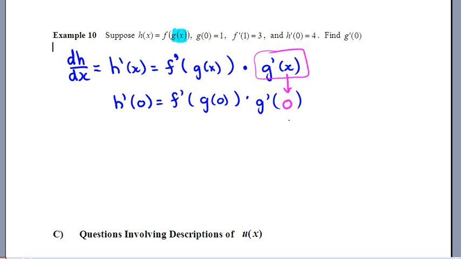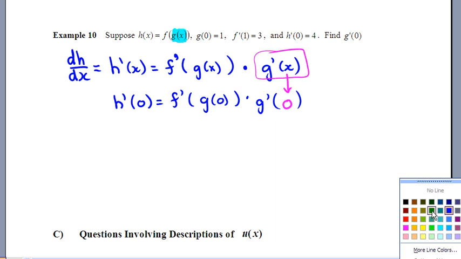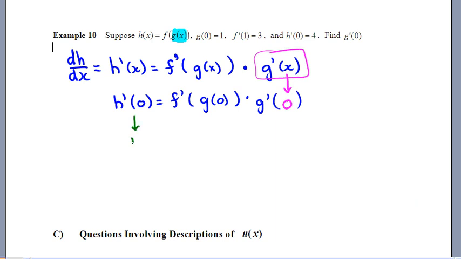Okay, so I'm looking for that g prime of 0. Well, what do I know? I know that h prime of 0 is 4, so they've revealed this to me, right? They've said, oh, we're going to tell you that number's 4. Okay, let's keep going. f prime of, what's g of 0? Oh, we know that. That's actually a 1. Okay, so thanks for telling me that. Times, and then here's this one thing I'm looking for, right? I'm desperately trying to find, hey, what is g prime of 0? f prime of 1, they've told me that that's a 3.